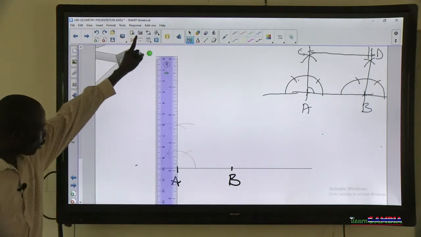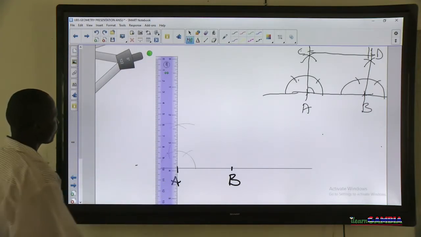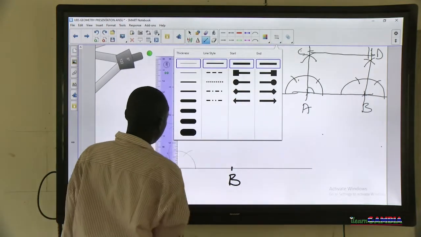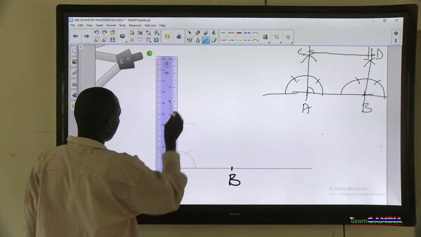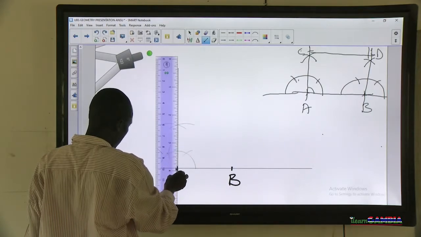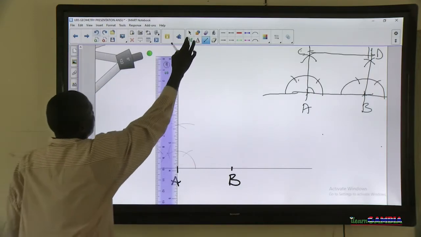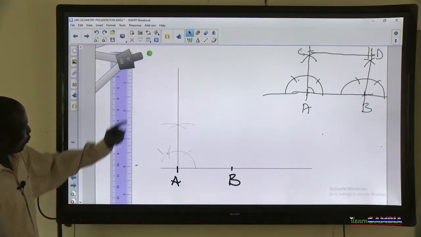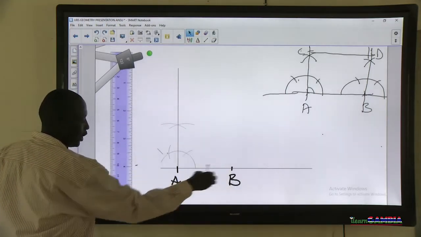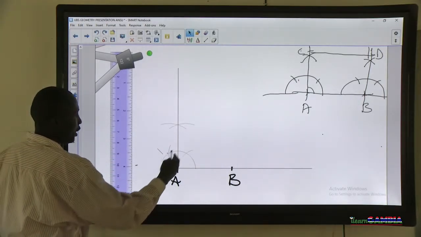Now I am going to draw a straight line through that point of intersection to point A. We have done that. Now we have drawn a straight line. That line is perpendicular to line AB. The line we have just drawn is perpendicular to line AB.